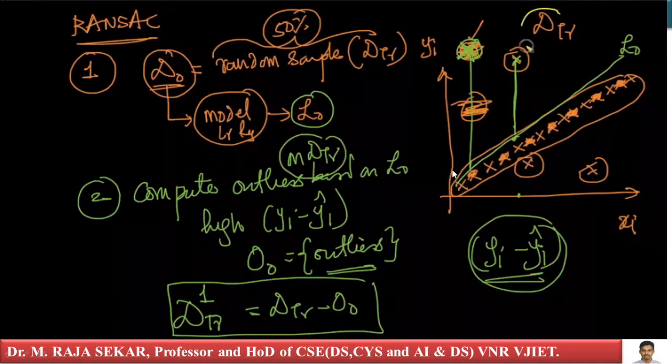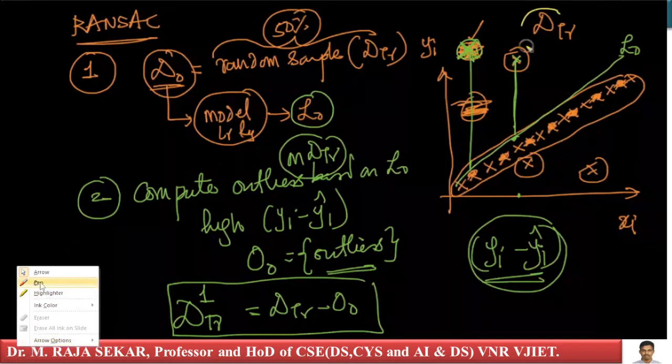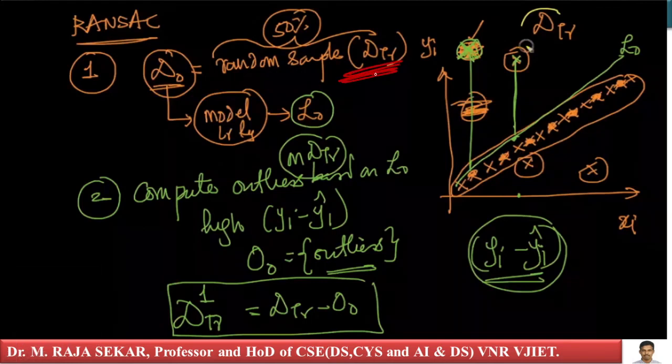Initially, what we did? Take the whole training data, DTR, take a random sample of points, and build a model on top of it.